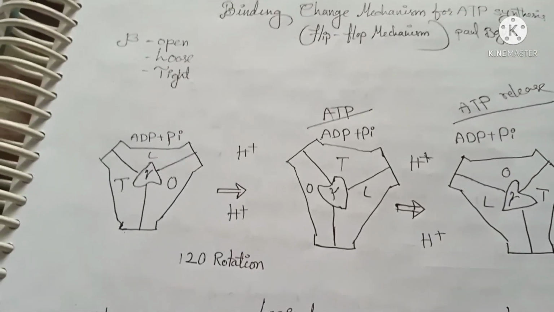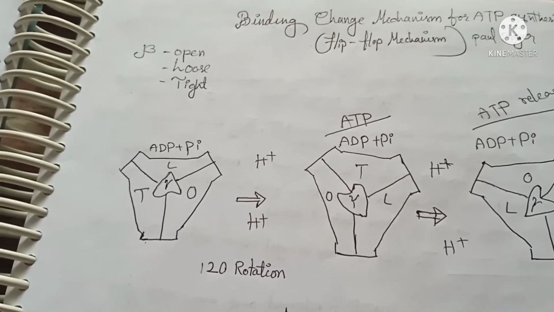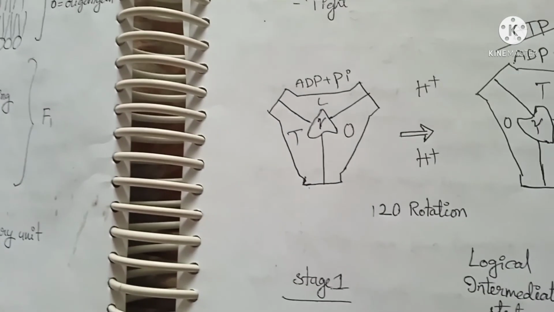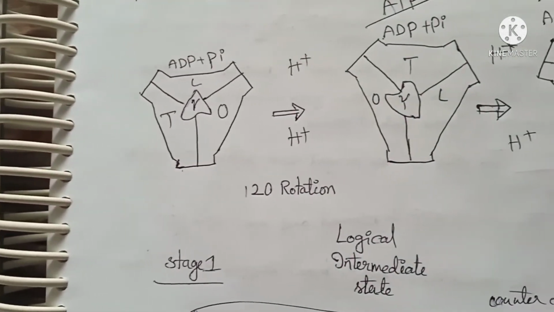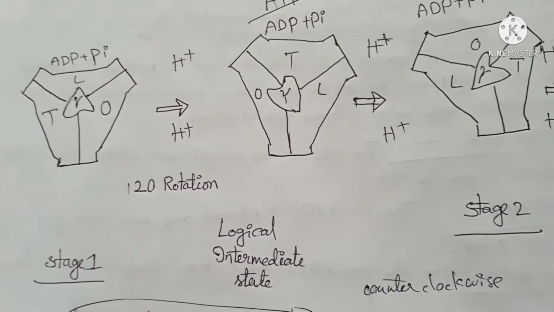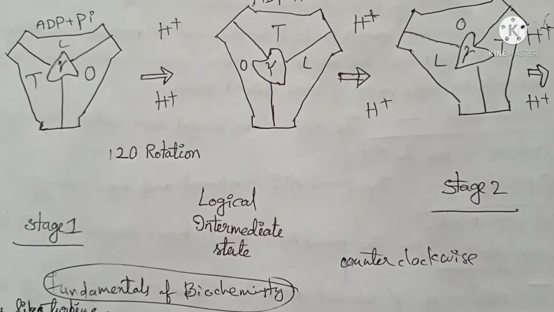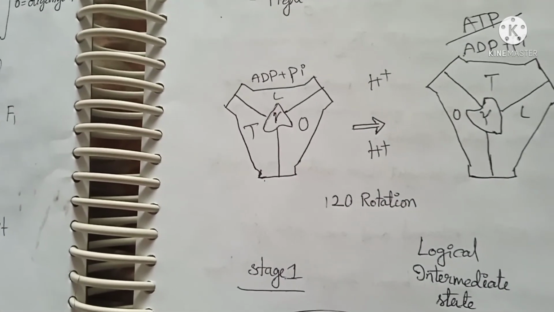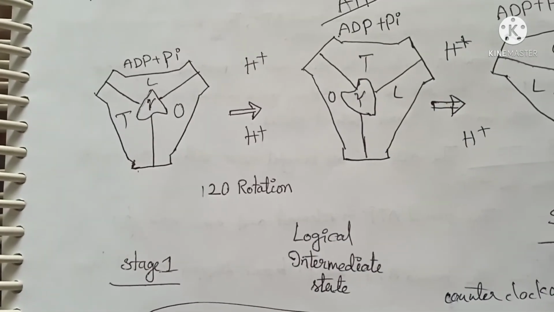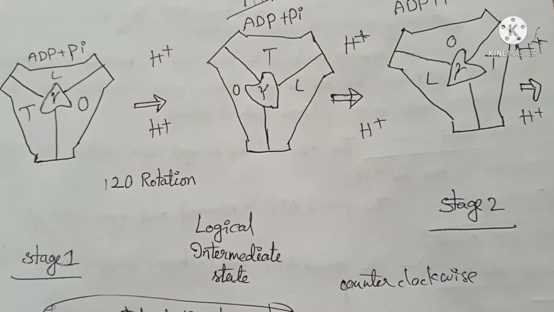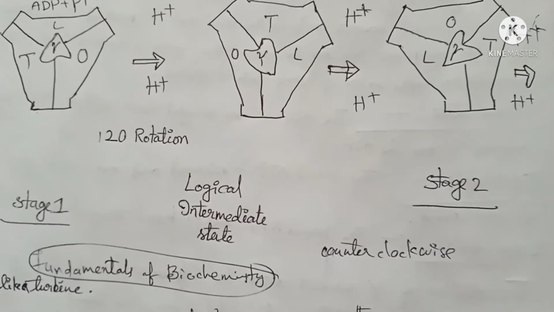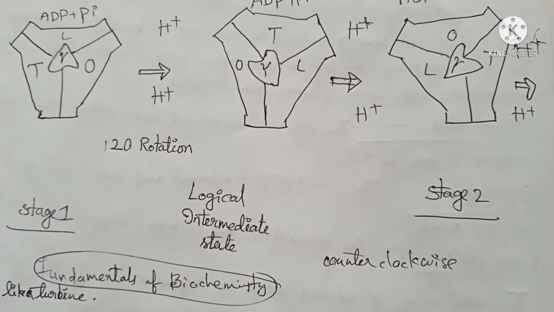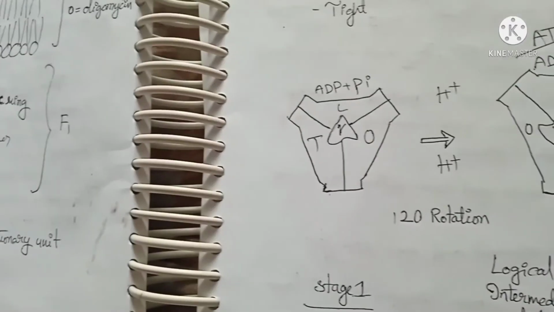The rotation of the gamma subunit allows the interconversion of the beta subunit from one state to another. Notice that all beta subunits exist in distinct states. It implies that any two subunits will never exist in the same state. A rotation of the gamma subunit of 120 degrees in the counterclockwise direction converts the beta subunit in the tight state into the open state.